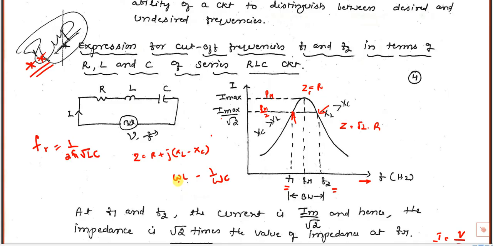XL is directly proportional to frequency: for lower frequency XL is smaller, for higher frequencies omega L is greater. Similarly, the opposite for XC, it is inversely proportional: for lower frequency XC is greater, and for higher frequencies it is lesser. So for lower frequencies XC is greater than XL, and for higher frequencies XL is greater than XC.